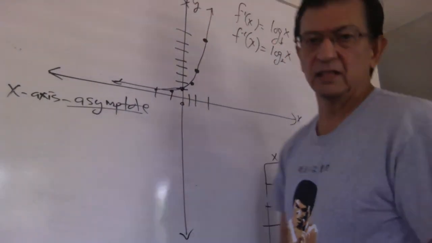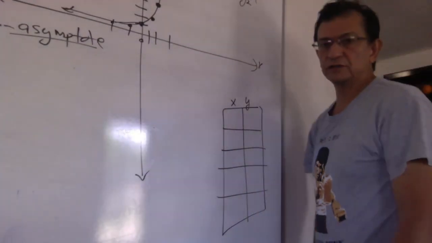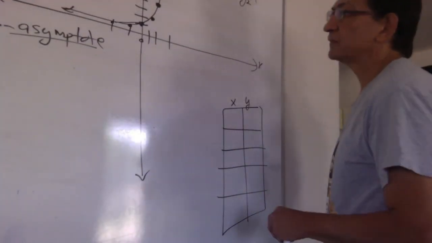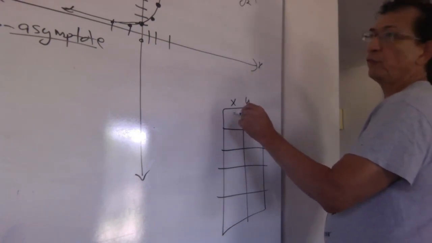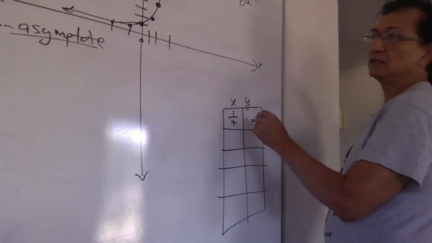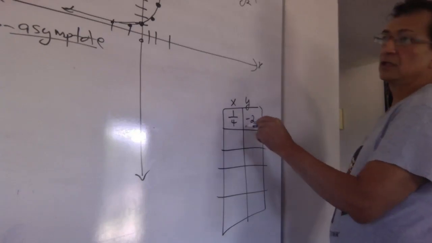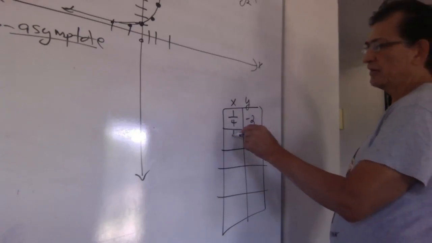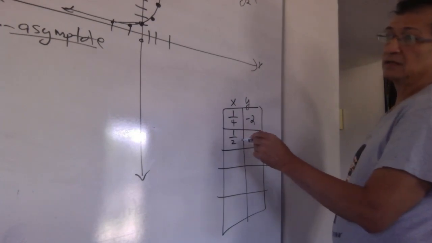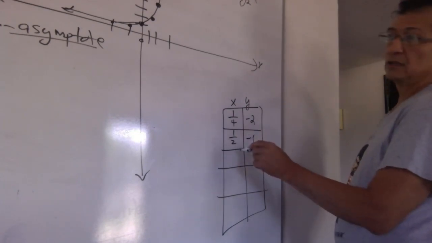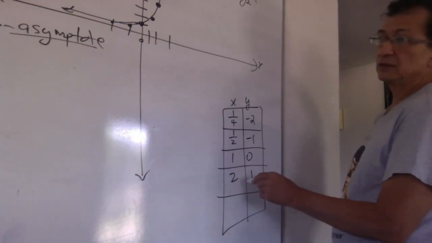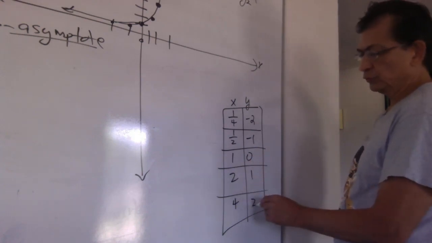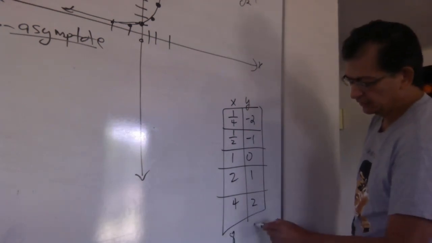My values for my log function are going to be, let's just switch them here: 1/4, negative 2; 1/2, negative 1; 1, 0; 2, 1; 4, 2; and 8, 3.